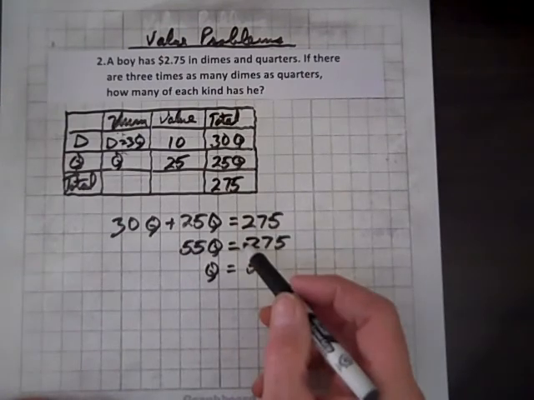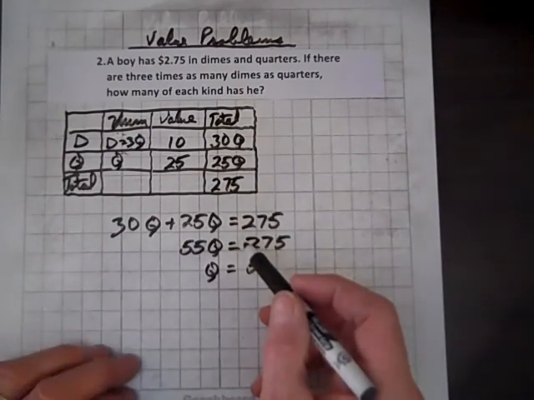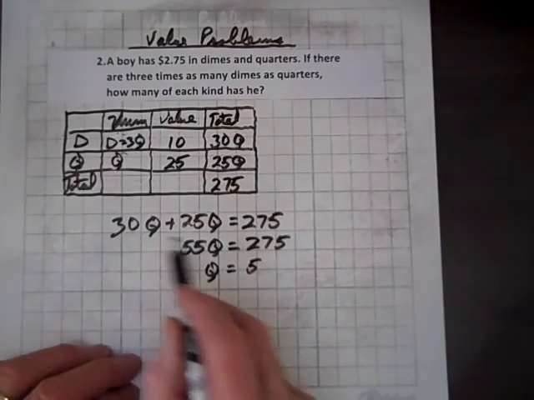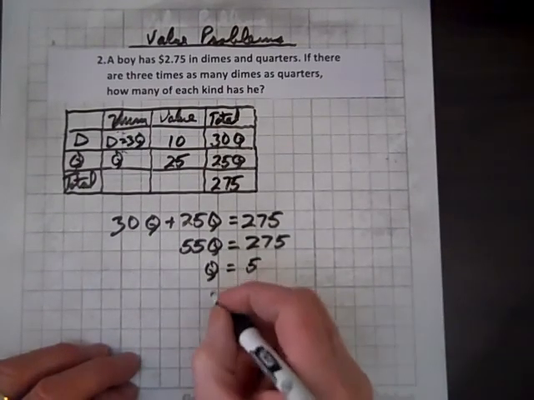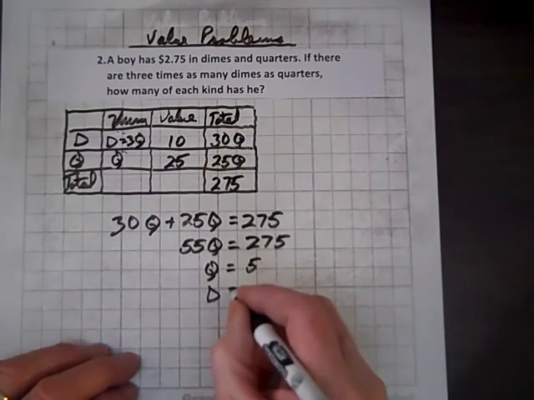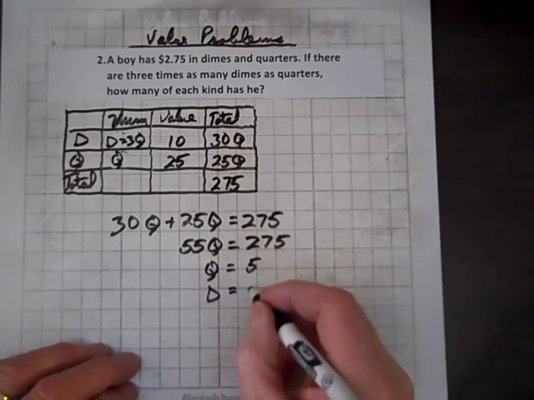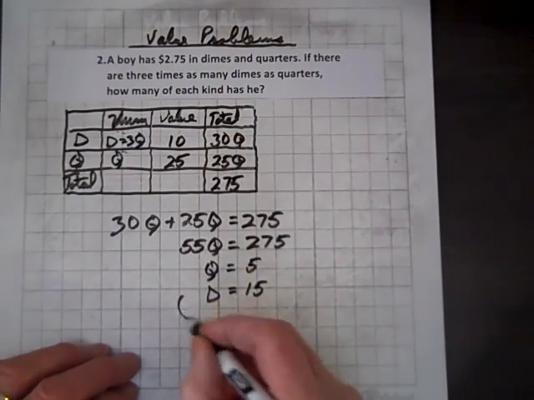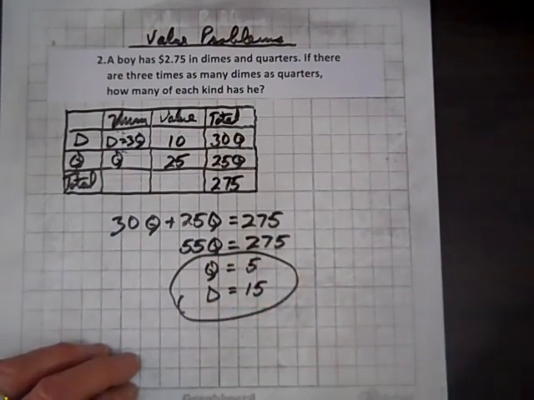Well, let's triple that value and we'll have the number of dimes, because there's 3 times as many dimes as there are quarters. So 3 times 5 is 15. And we've solved for Q and D.